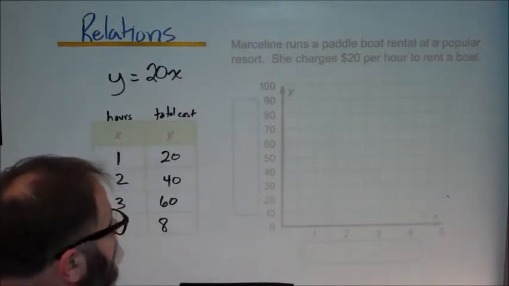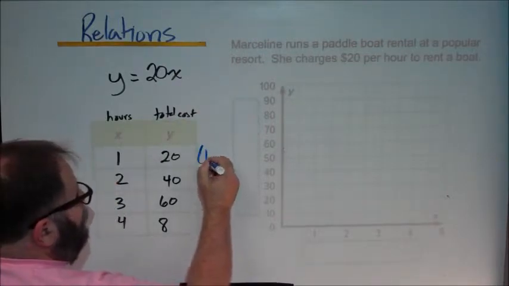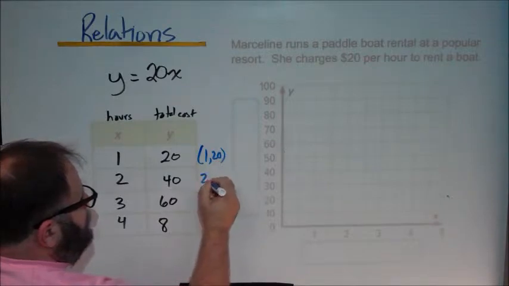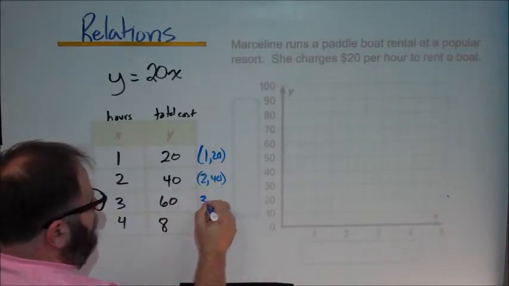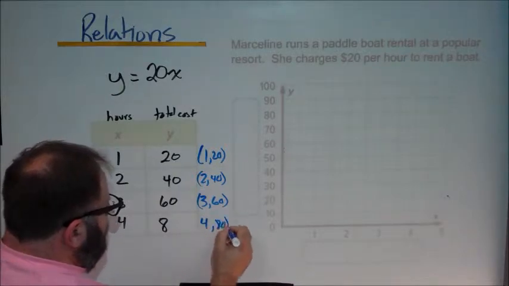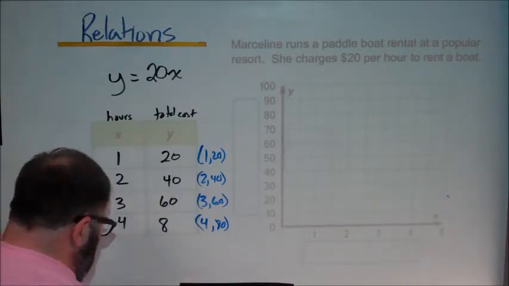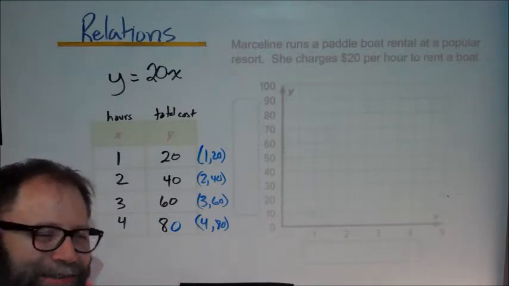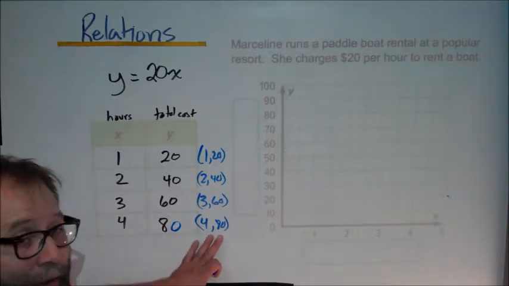We've got some ordered pairs: 1, 20; 2, 40; 3, 60; 4, 80. Now we have a relation.